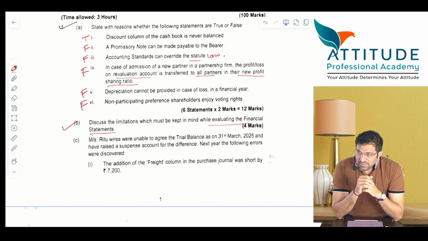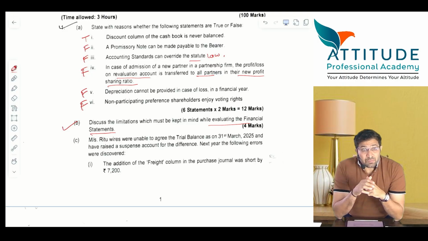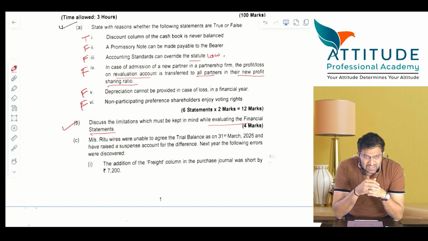I'll give you one example. See, one of the principles is full disclosure, means whatever things are there, disclose it. But one of the accounting standards, AS1, says disclose only material items. Only material items should be disclosed. So they are conflicting. So full disclosure is in conflict with material item disclosure. Is that clear? So there are conflicts. So this is another limitation.